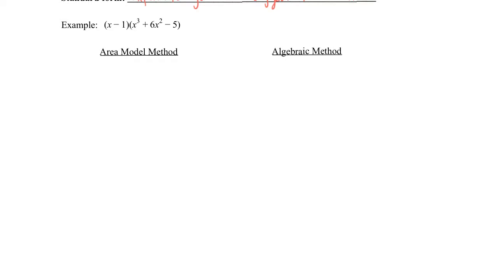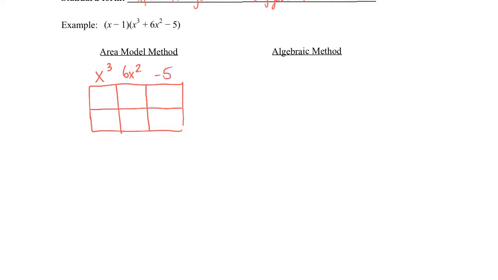All right, so with the area model, here I have a binomial times a trinomial. So with the area model, as you know, I need to draw my area. And this is going to be a binomial times a trinomial. So I need 3 by 2. So up here, I'm going to have x to the third, 6x squared, minus 5. And then I'm going to have x minus 1.